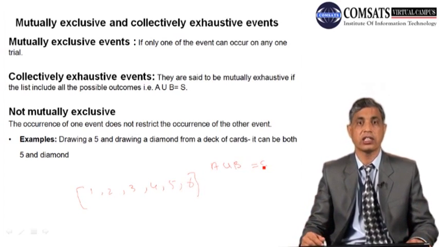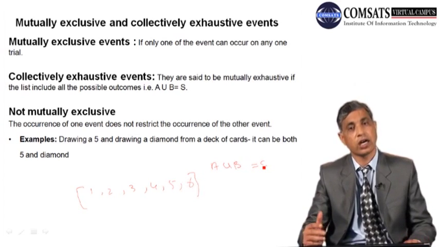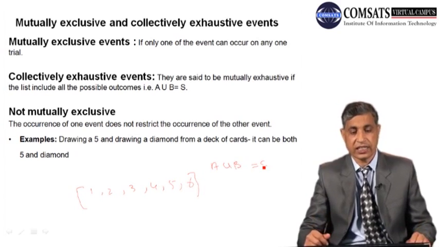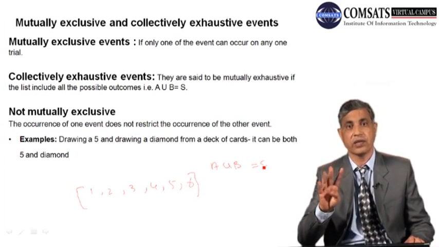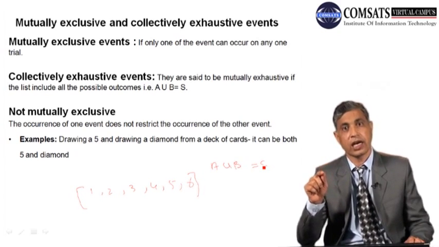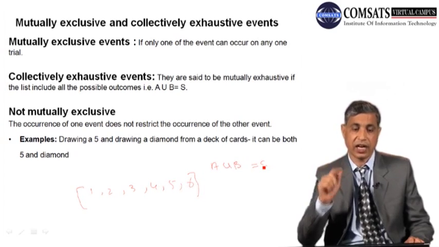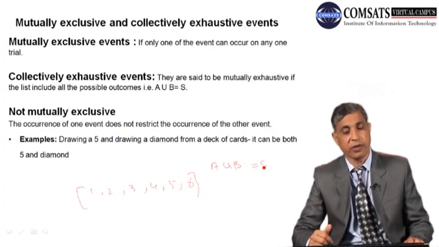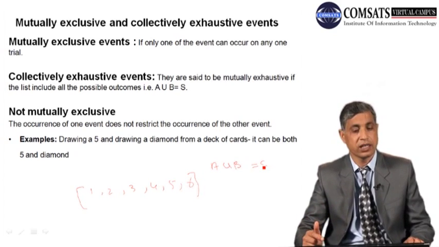How can this happen? If you know about playing cards, there are 4 colors. And if I say drawing the number 5, there are 4 number 5s in spade, clubs, heart and diamond. So there are 4 5s, and I say drawing a 5 and drawing a diamond from a deck of cards, it can be both 5 and diamond.